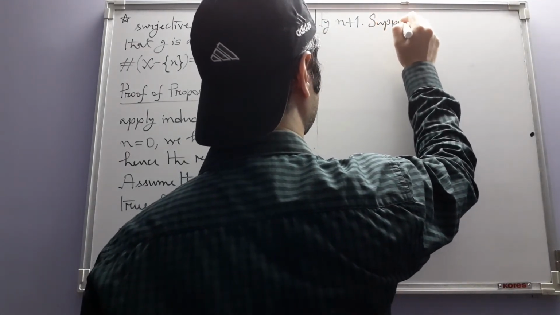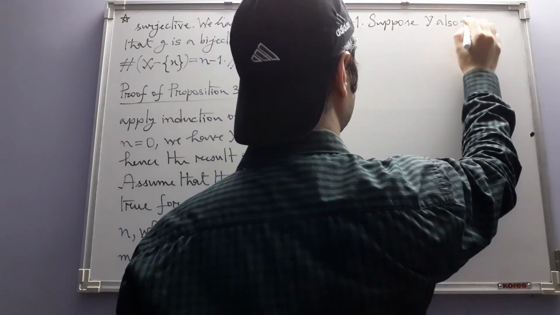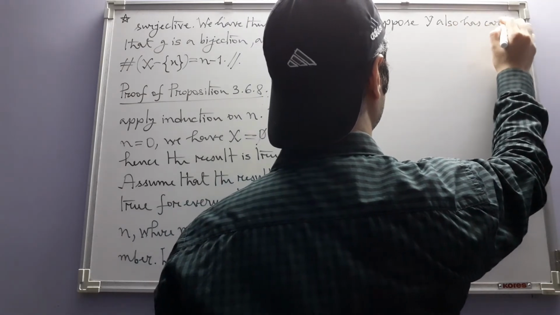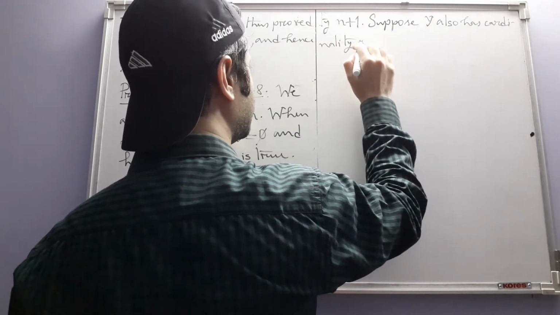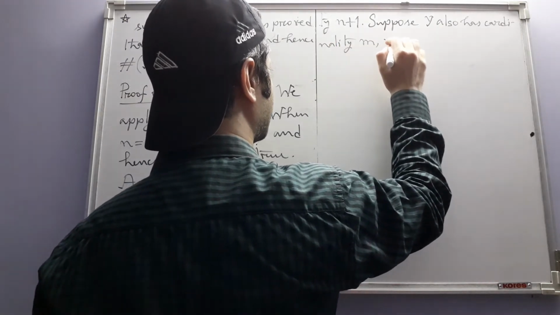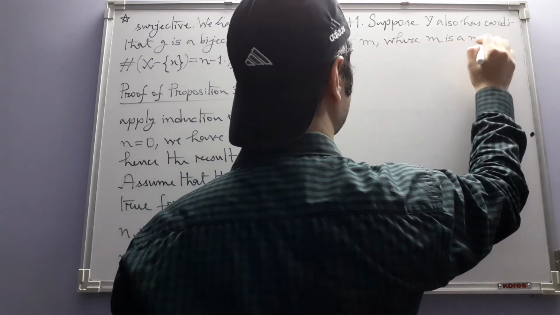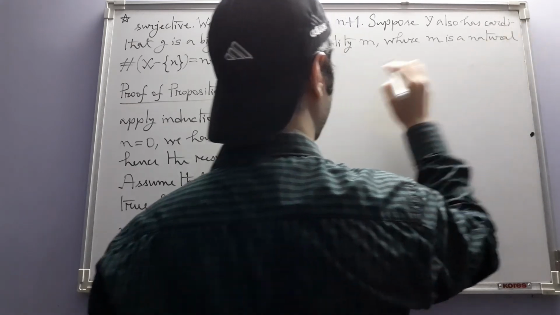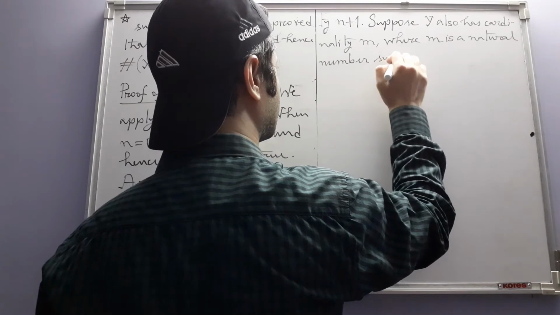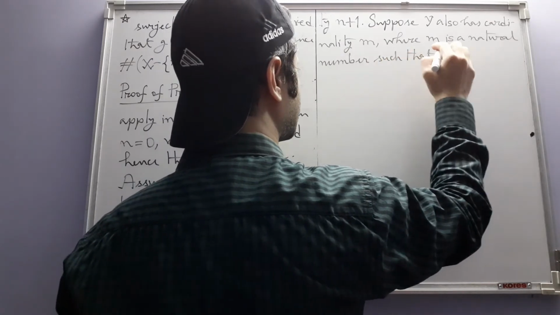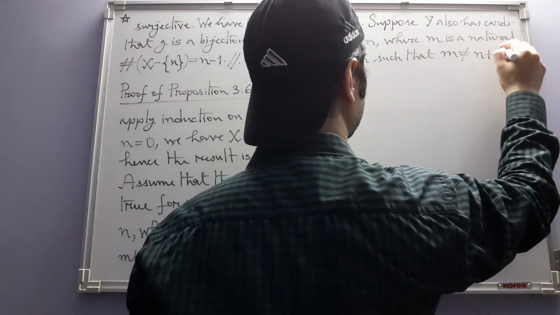Suppose Y also has cardinality m, where m is a natural number such that m is not equal to n plus 1.